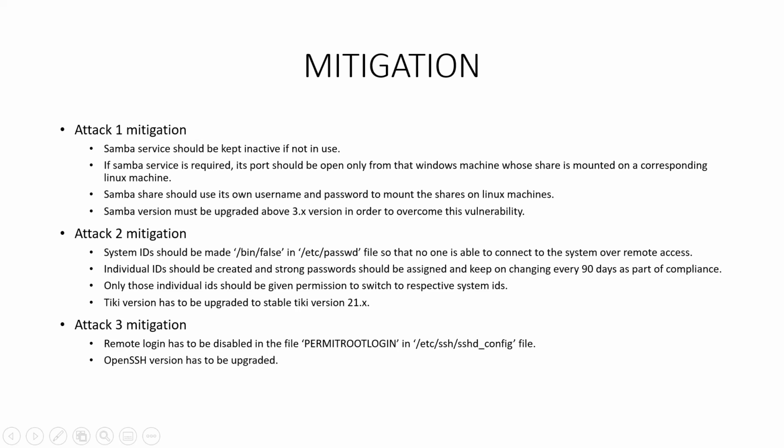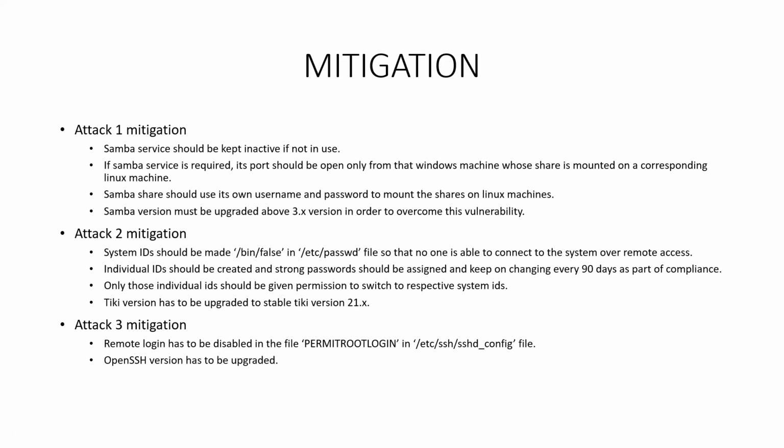Attack 1, where we exploited the Samba service. I just wanted to say the Samba service should be kept inactive if it is not in use, and if the Samba service is really required, we should open the port between those machines, like from Windows to Linux, where the share has to be mounted from the Windows part to the Linux part.